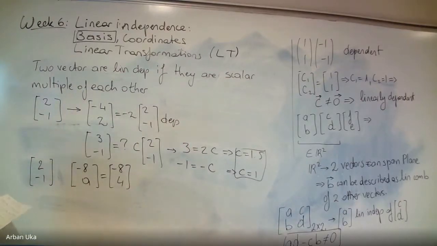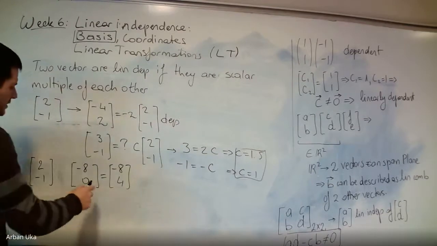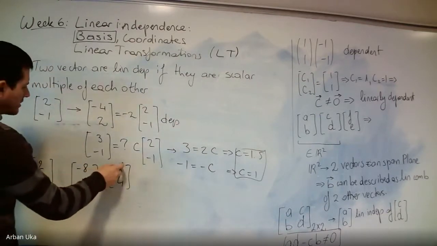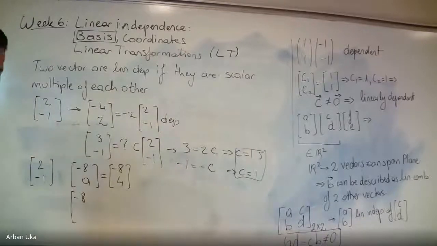And what if you want to make another vector which is linearly independent of this, but you keep this the same? Now it should be independent, yes. We just change the 4, we make it, for example, 5. That's correct.